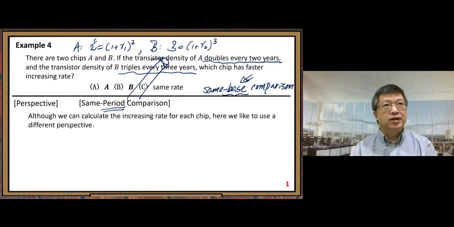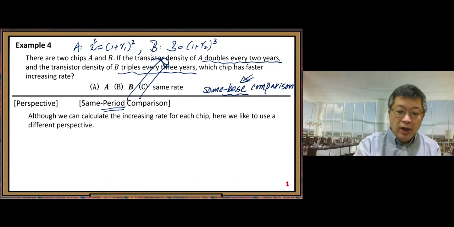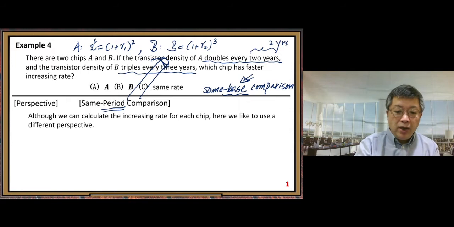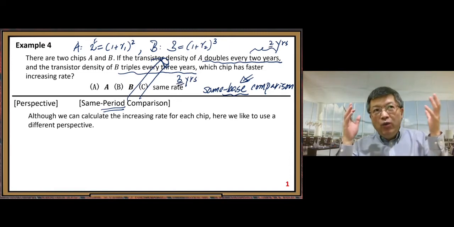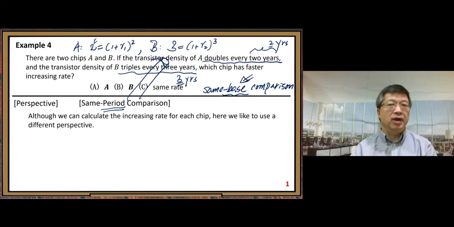We need to choose the same period to do the comparison. A doubles every 2 years, so the period is 2 years. B triples every 3 years, so the period is 3 years. The periods are different, and we want to make them the same.